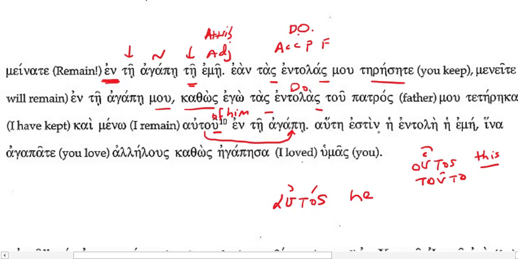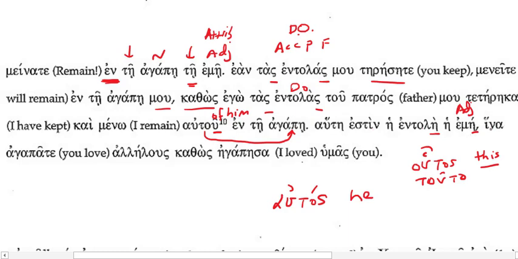This is hē entolē, the commandment. Hē emē. There's my adjective. Is this attributive, predicate, or substantive? It's attributive. How do I know that? It agrees with the noun in what three ways? Case, gender, number. You see, entolē is nominative feminine singular. Hē emē is nominative feminine singular. So whose command? My command. So this is my command.